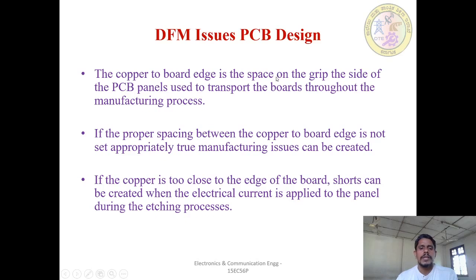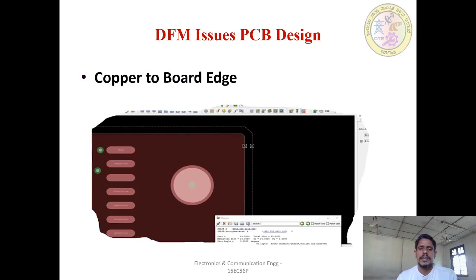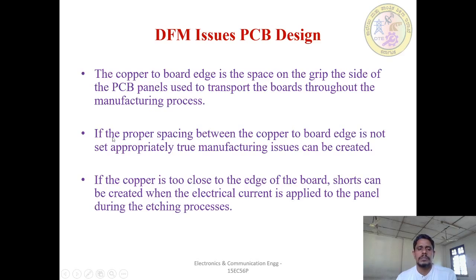The copper to board edge clearance is the space on the side of the PCB panel used to grip and transport the boards throughout the manufacturing process. The board has to be transported throughout the manufacturing process. The person has to carry that board. While carrying and handling the board, there should be spacing here, and there should not be copper around the PCB edge.